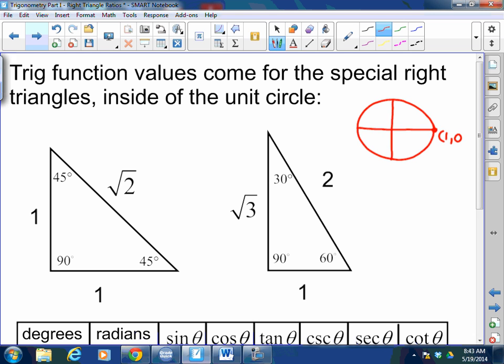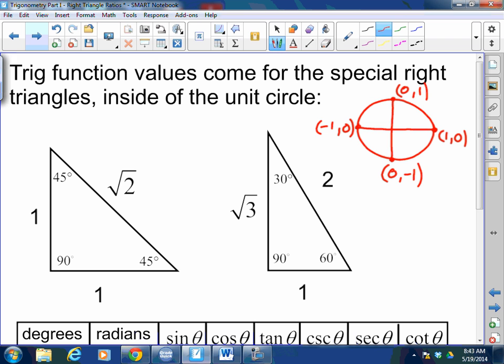So that's (1, 0), that's (0, 1), it's (negative 1, 0), and that's (0, negative 1). From the unit circle is where we get all of our trig function values. How does this work? How do these special right triangles work? What is the big deal?